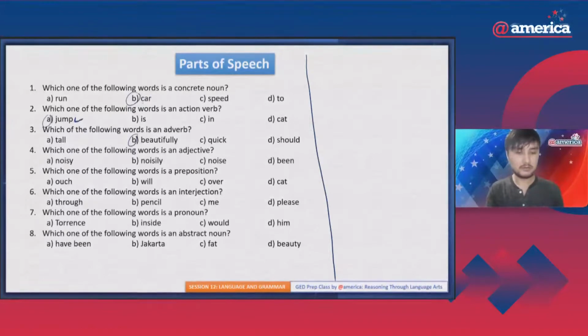Very beautifully. Okay, number 4: which of the following words is an adjective? For number 4, A, you have "noisy," B, "noisily," "noise," and "been." Great. So now, let's figure out the wrong ones too, right?